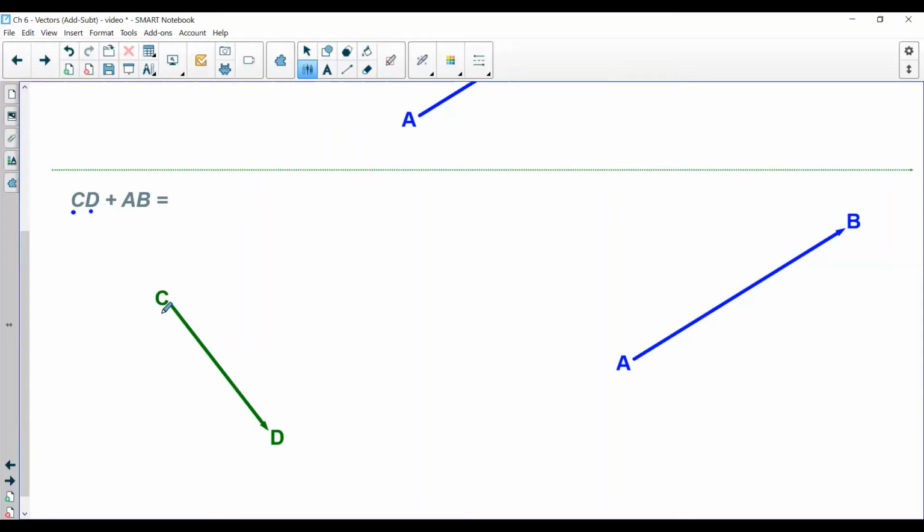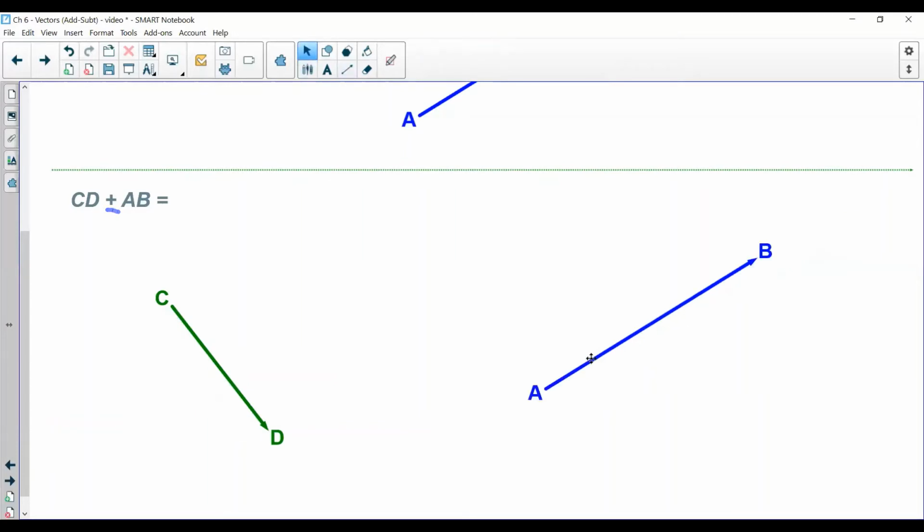So this one tells us to start at C, go in a downward direction, that magnitude to get to D. Okay, and then in addition to that, we want to travel in the direction that this vector, AB, is telling us. So AB is telling us to travel in an upward direction.